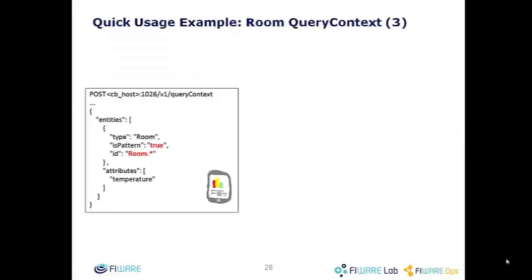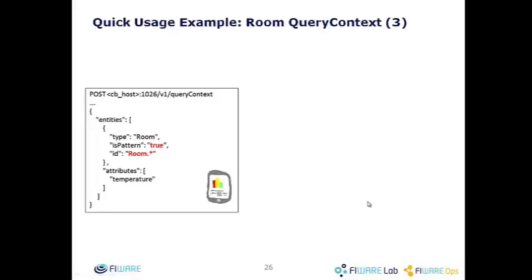In this new example, we're using what we call a pattern, and so we're querying some different entities of the context broker, and we want to get all the attributes for all the entities of type room.